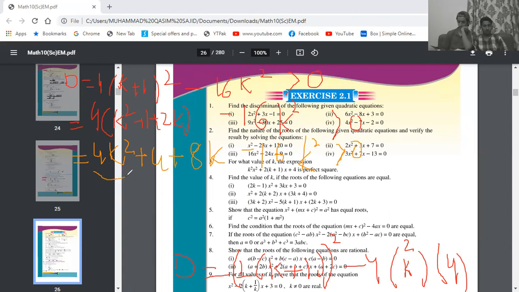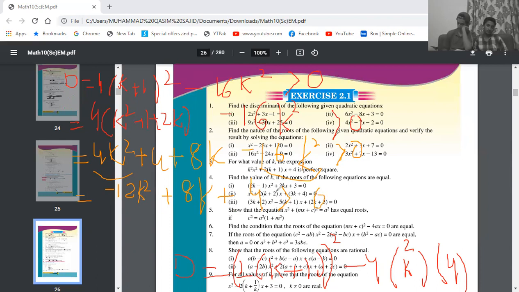Now 4k square minus 16k square equals minus 12k square, plus 8k plus 4 is greater than 0.